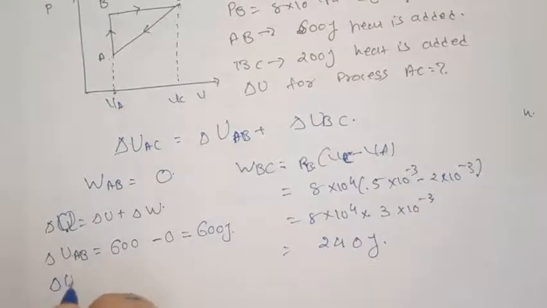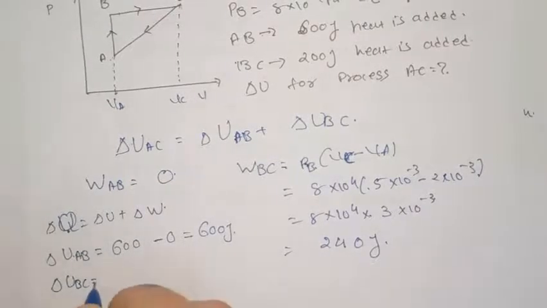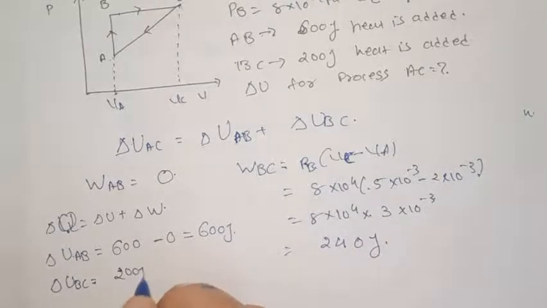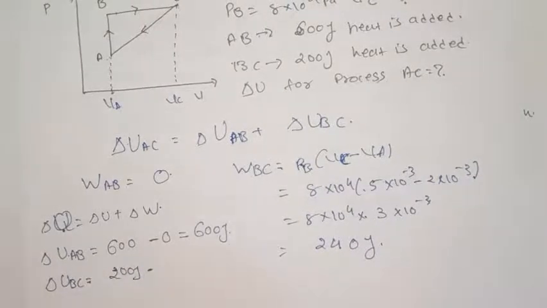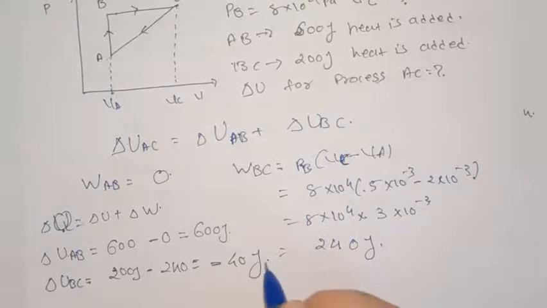Now delta U BC is equal to delta Q for BC, 200 joule, minus 240 joule, is equal to minus 40 joule.